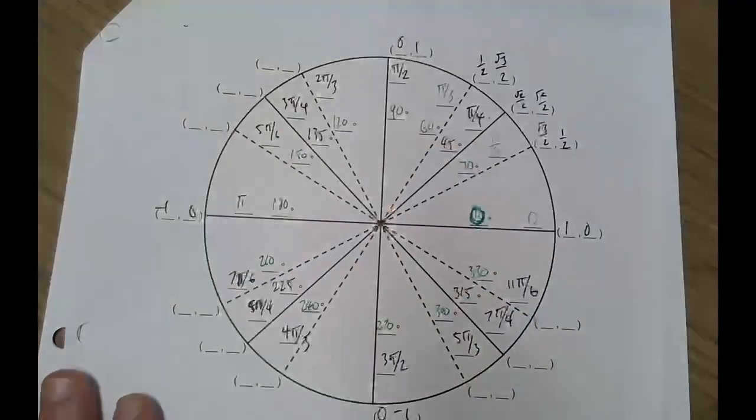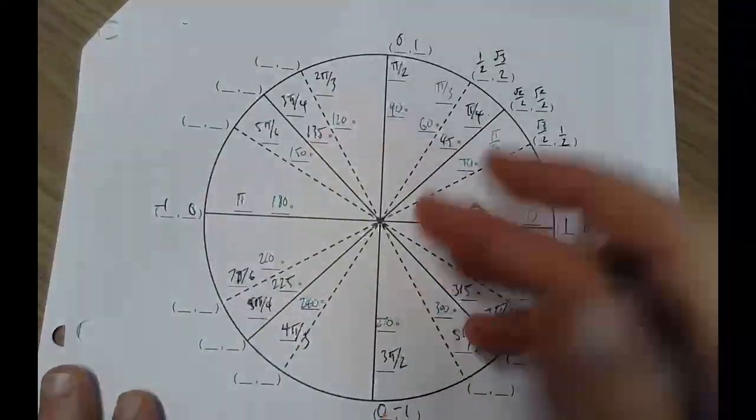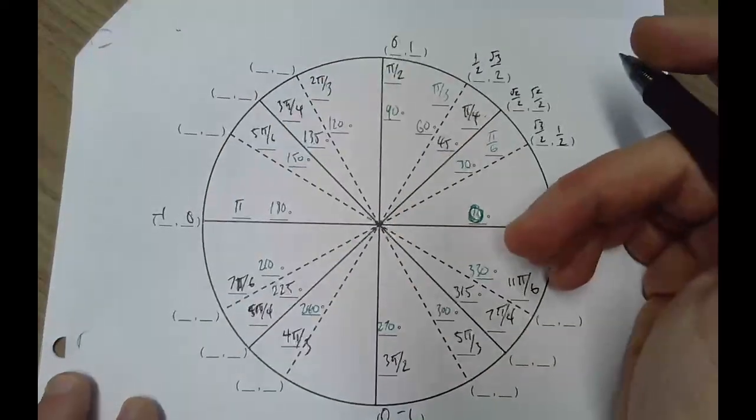And then we continue filling this in by reflecting these values and looking at the similar triangles, right?